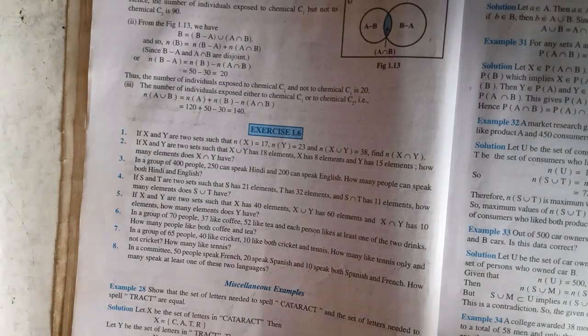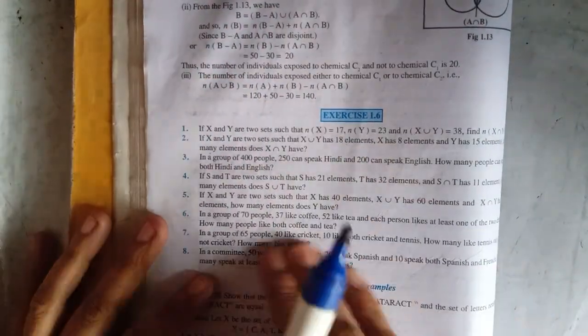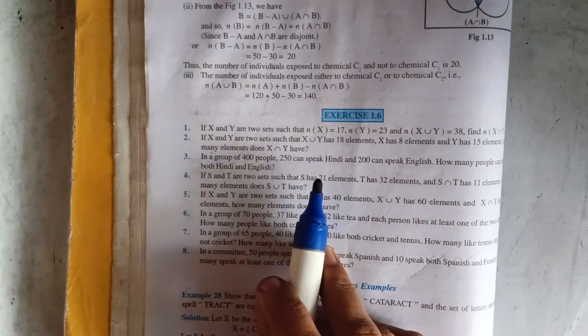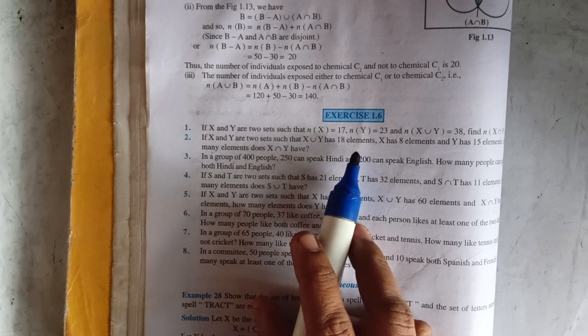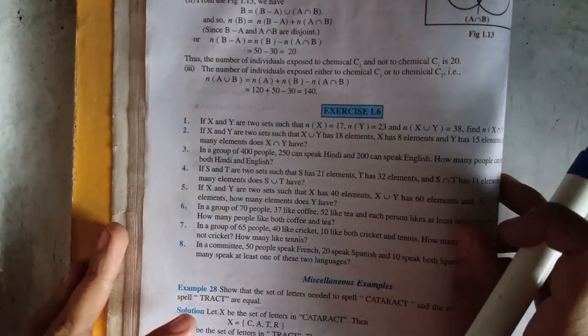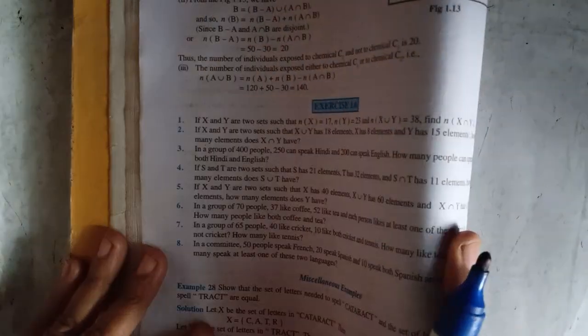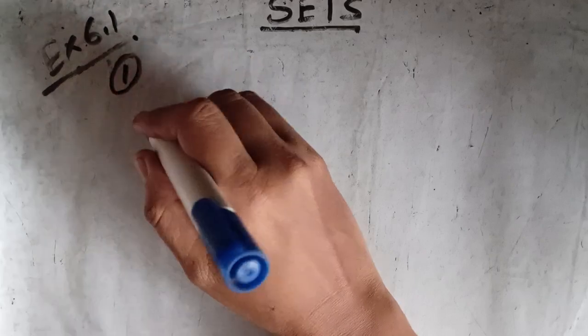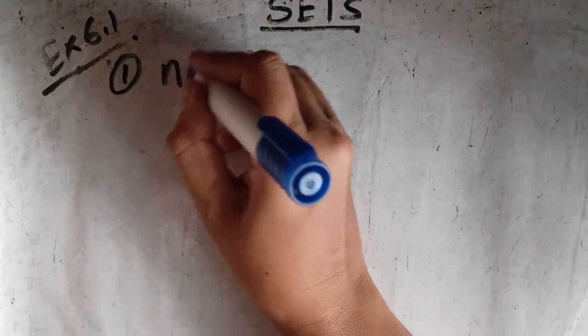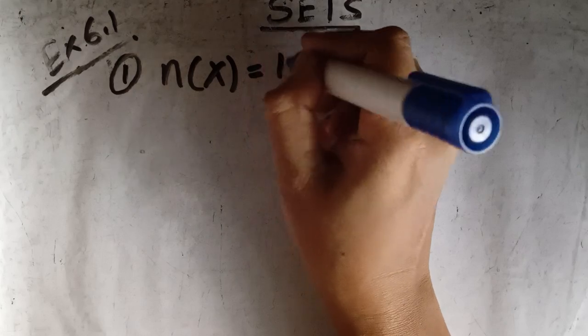Let's solve exercise 1.6. So the first question: if X and Y are two sets such that the number of elements in X is 17, the number of elements in Y is 23, and the number of elements in X union Y is 38, then you have to find X intersection Y. So this is very easy, everything is given, you have to just find it out. The number of elements in X is 17.